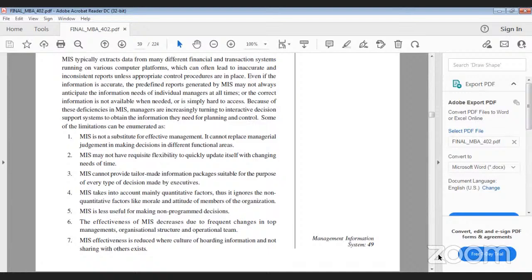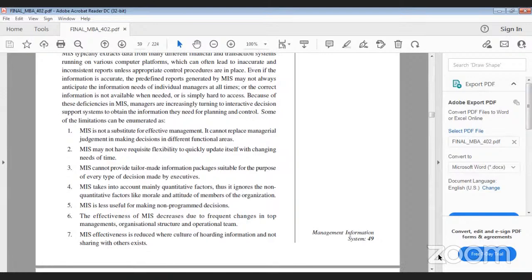Fourth, MIS takes into account mainly quantitative factors and thus ignores non-quantitative factors like morale and attitude of members of the organization. Fifth, MIS is less useful for making non-programmed decisions.